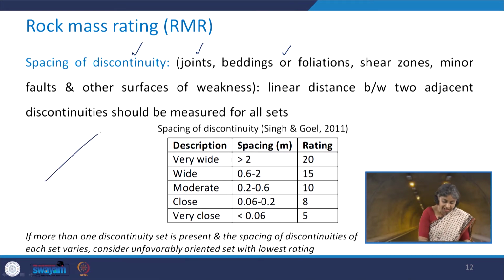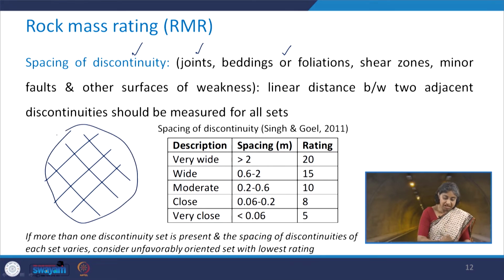So, let us say that this is the kind of situation, say the rock mass, and here you have two joint sets. So, how do we decide what the spacing of the discontinuity is?